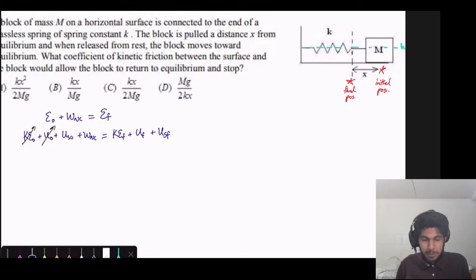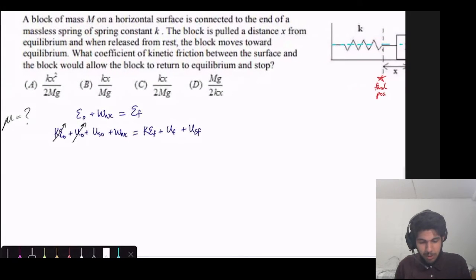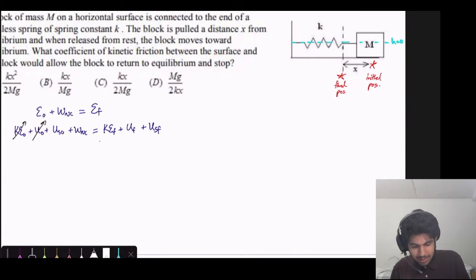So at its final position, what's going on? Let's read the question. What coefficient of kinetic friction between the surface and the block would allow the block to return to equilibrium and stop? So we want it to stop at its final position, which means the final kinetic energy should also be 0. It should have a 0 velocity there. What about potential energy?